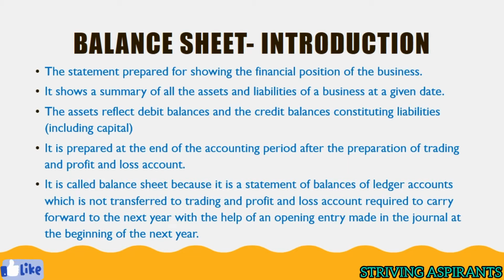We have started the accounting process by referring to the source documents we have, such as invoices, bills, vouchers, whatever we have. Then we have prepared the journal with the help of the source documents. After completion of journal entries, we have come to the ledger accounts.